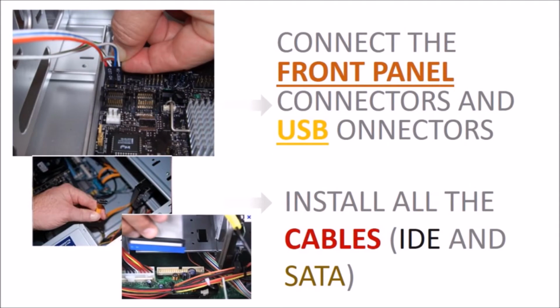Then you need to connect the front panel connectors and the USB connectors. And then after that, you need to install all the cables. It's either IDE or the SATA cable.